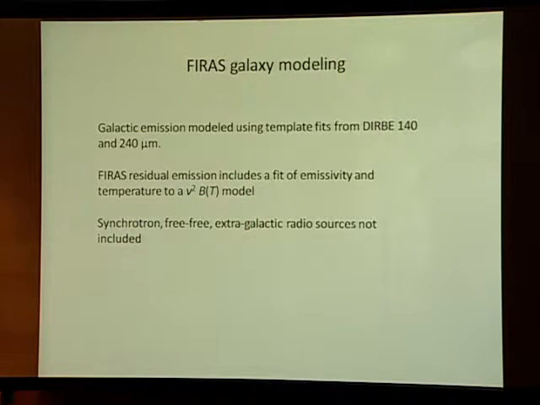And the temperature came out to about 9 Kelvin. So that could indicate that there's some cold dust in the galaxy that wasn't picked up by DIRBE, or it could just be an artifact of what was left in the residuals.